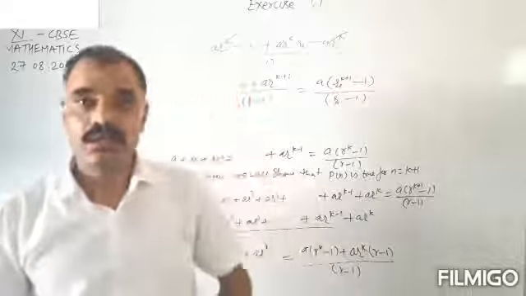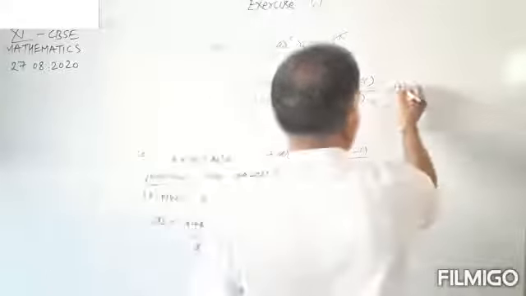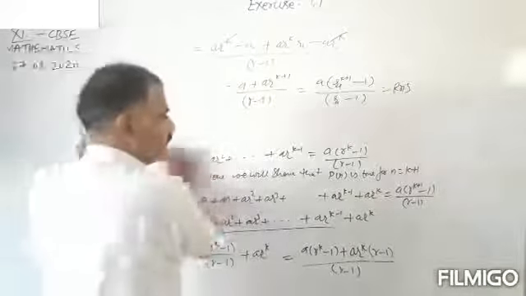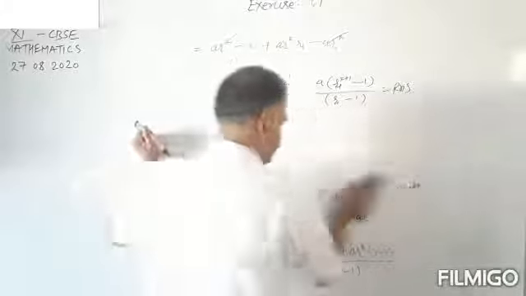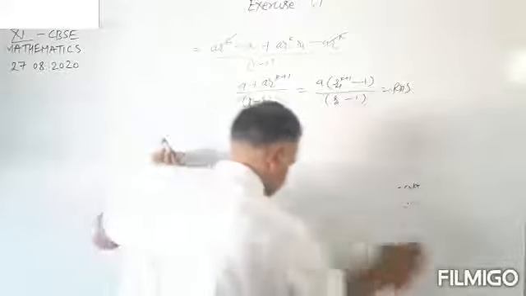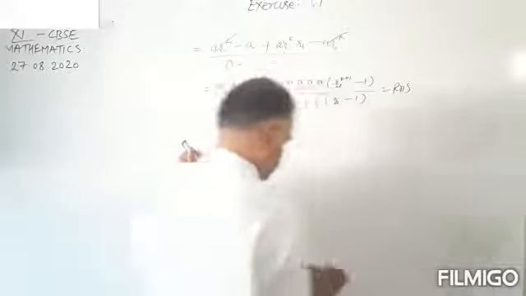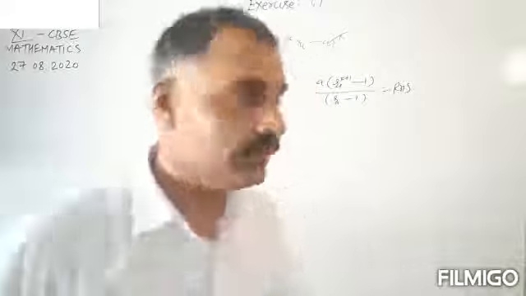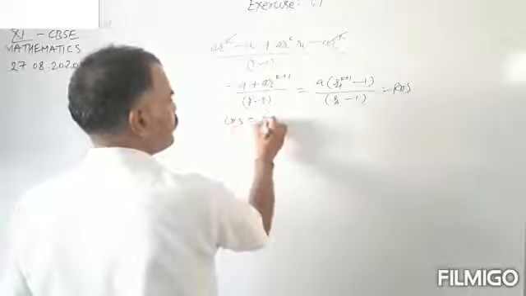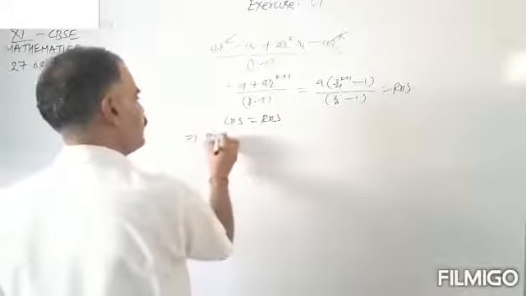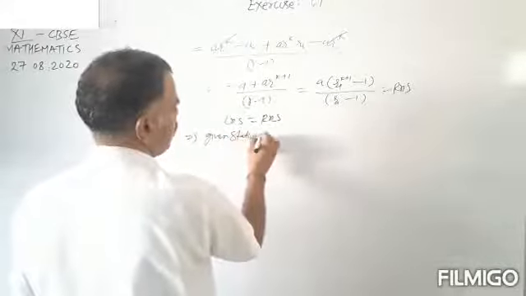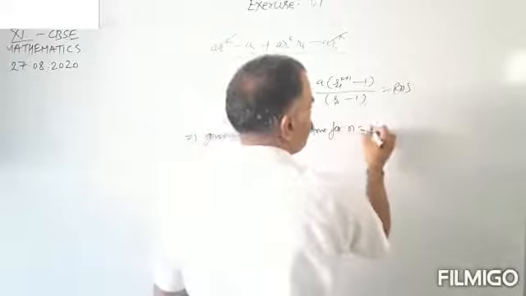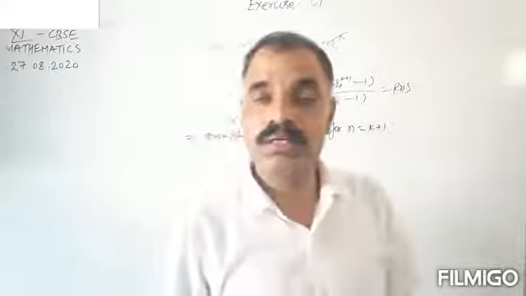This is the right hand side of the induction. So the left hand side equals the right hand side, which implies that the given statement Pn is true for n equals to k plus 1.